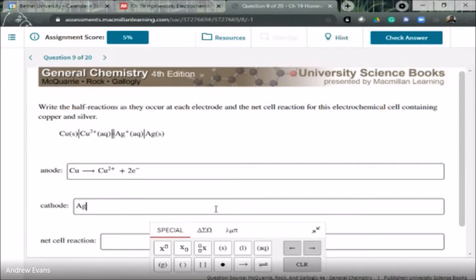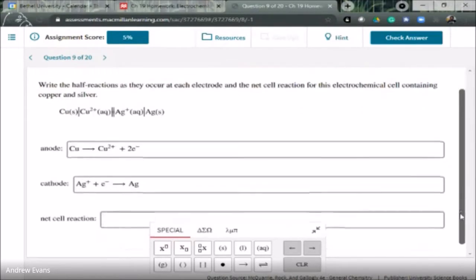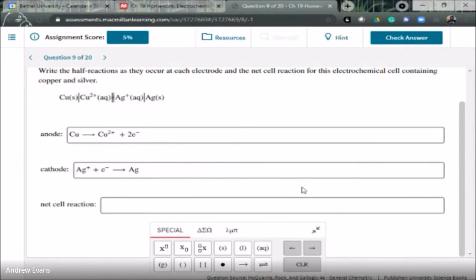And then Ag+ plus electron minus arrow Ag. Especially if it doesn't say anything about including the units or the phases. And then, of course, you just have to balance that together.